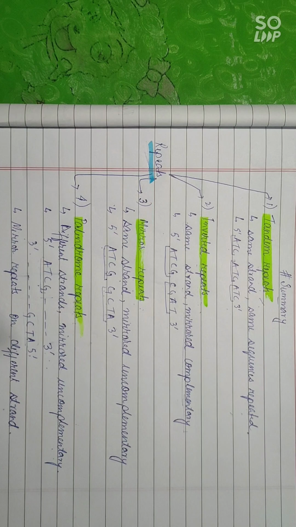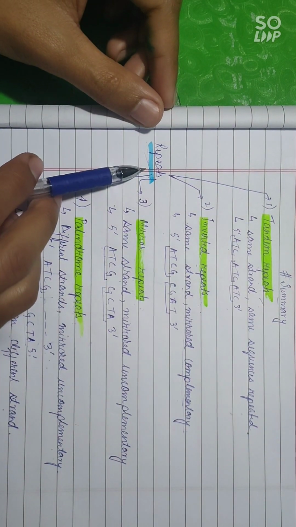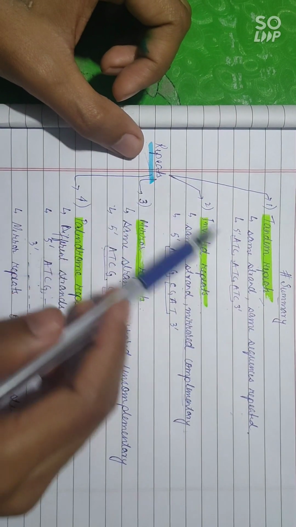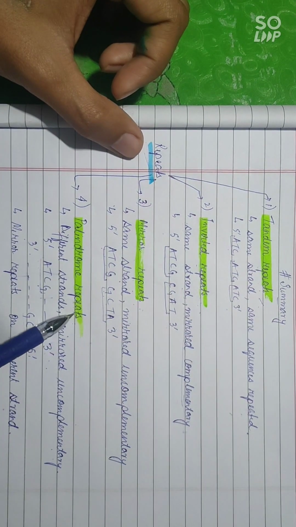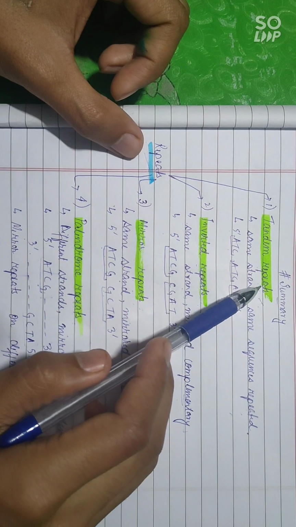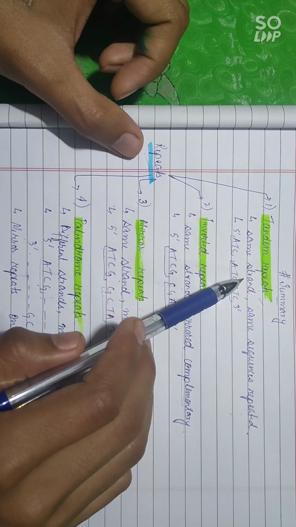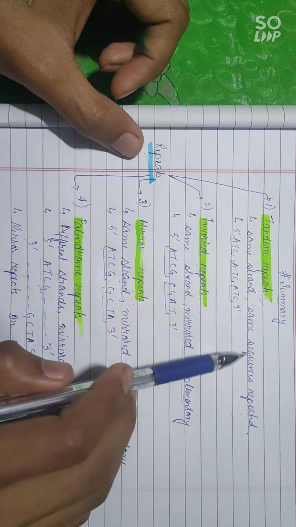For the summary, we have repeats, and repeats are divided into 4 types: tandem repeats, inverted repeats, mirror repeats, and palindrome repeats. Tandem repeats are the repeats that are found on the same strand and the same sequences are repeated.